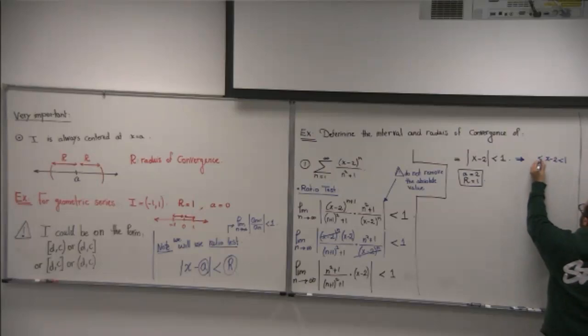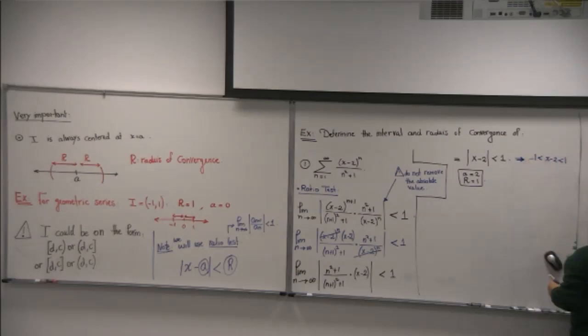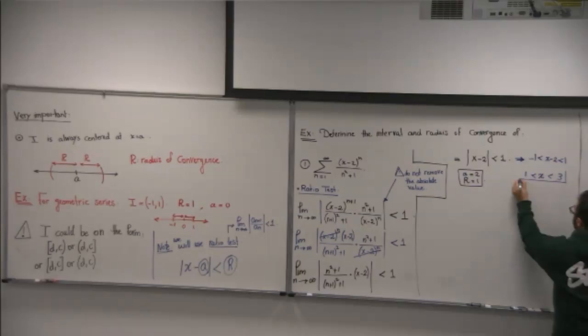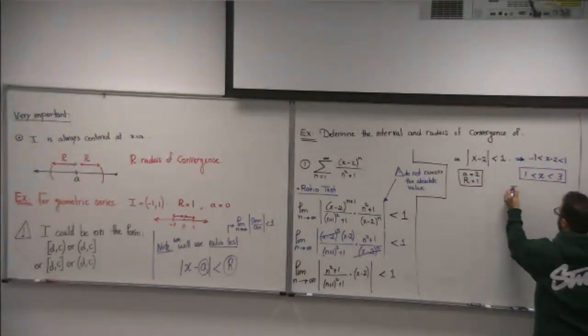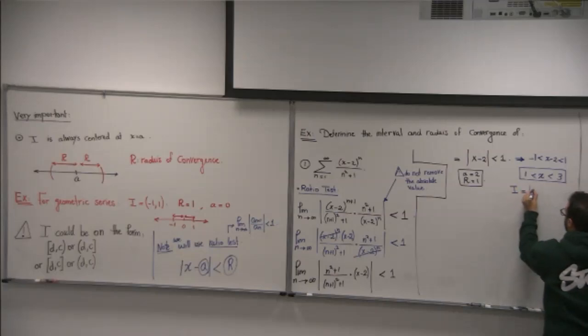So we're just going to say larger than, the same direction, and then instead of positive 1, you put minus 1. You add 2 to both sides. So x is between 1 and 3. So now my interval of convergence is 1 to 3, an open interval.